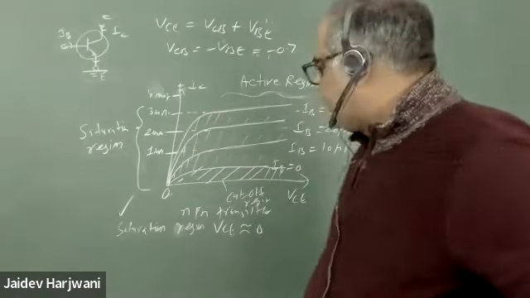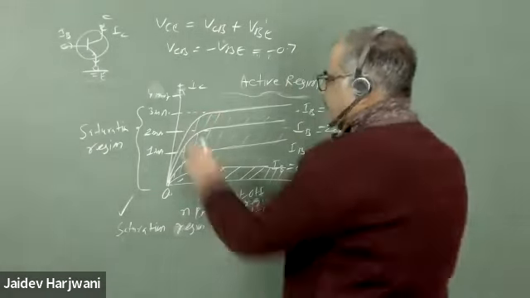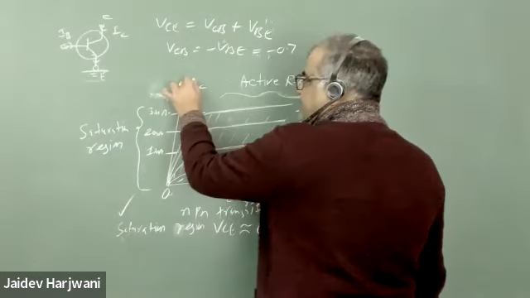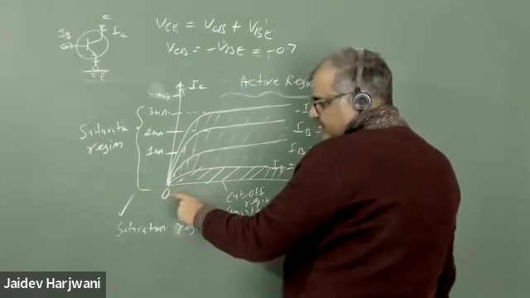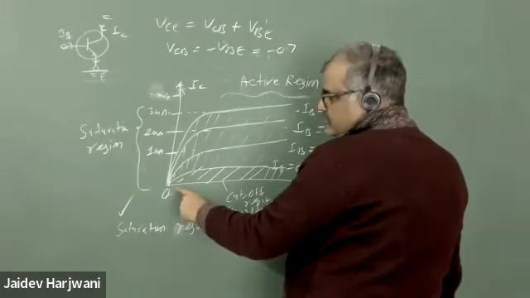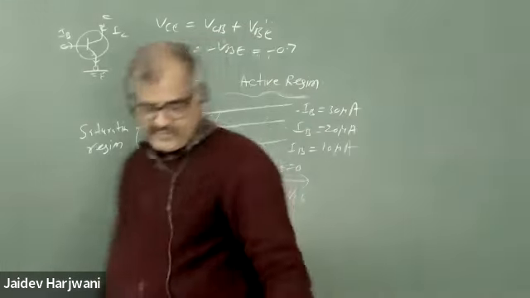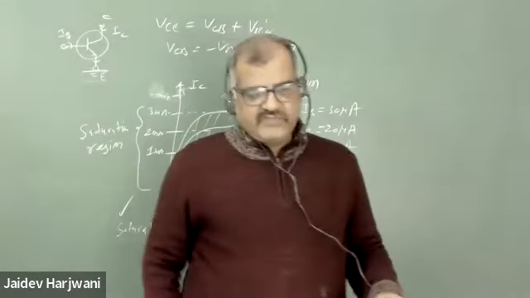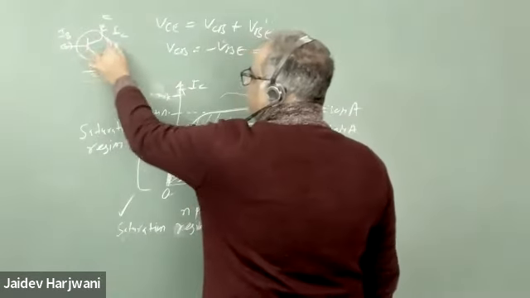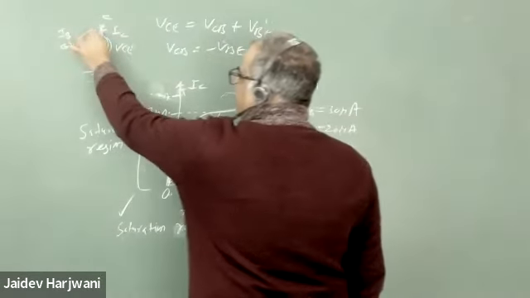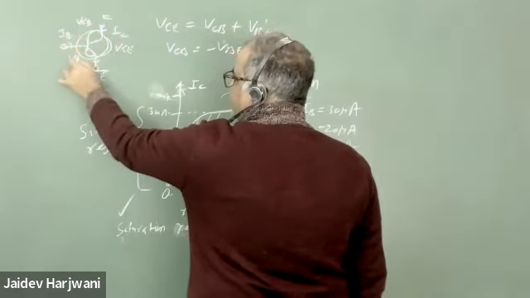So this is one thing. The other thing we discussed yesterday: if my VCE is 0 or close to 0, that is your saturation region. So we always need to check the VCE value, because VCE will decide what VCB and VBE are.